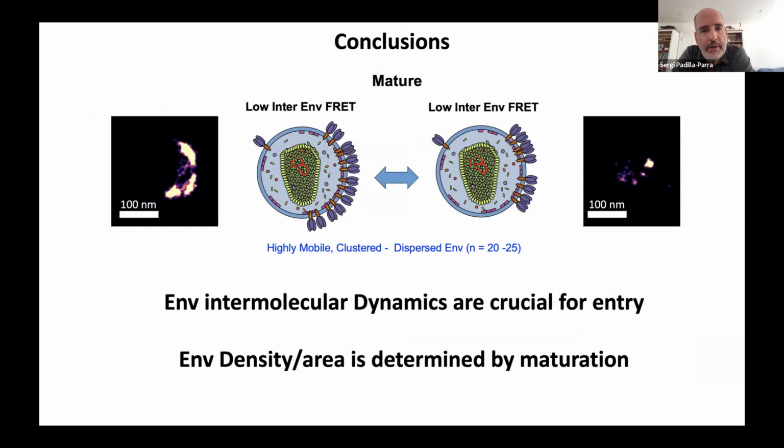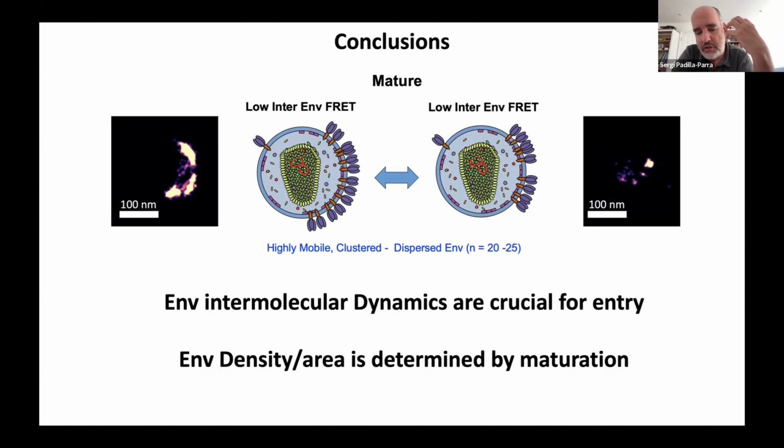This is just the effort that we have put into characterizing this system, in which it seems that when going from mature to immature particles, there is a dynamic process in which the Env density changes. There is a bit of a continuum in the process of maturation, and the availability of the capsid as a pentamer and as a hexamer is quite important.